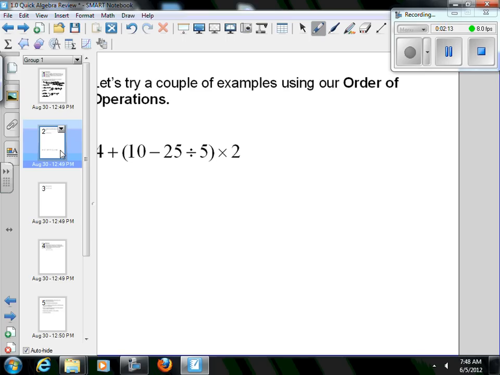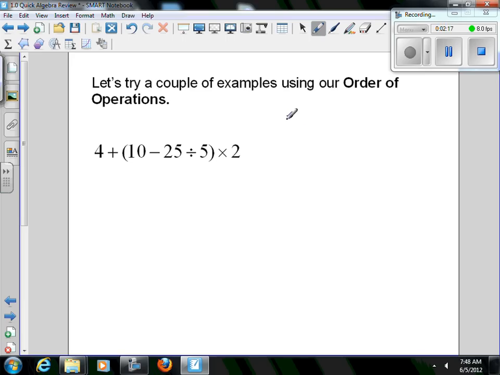And let's try a couple of examples using the order of operations. So here we have 4 plus, in parentheses, 10 minus 25 divided by 5 times 2. Here's our PEMDAS. And we want to start inside the parentheses. We have subtraction and division. Well, division comes first before subtraction, so we'll do that part. So we have 10 minus, well, 25 divided by 5 is 5.